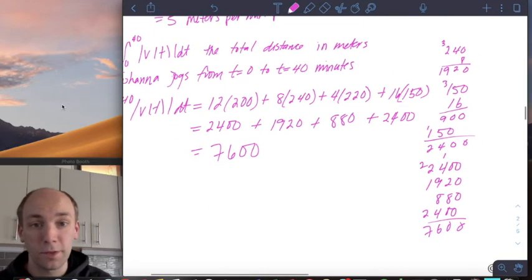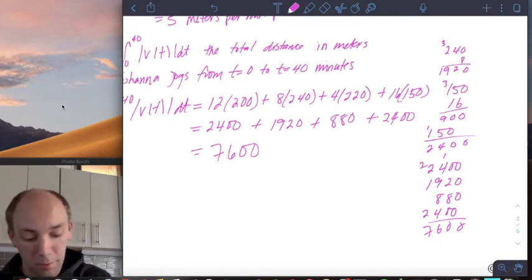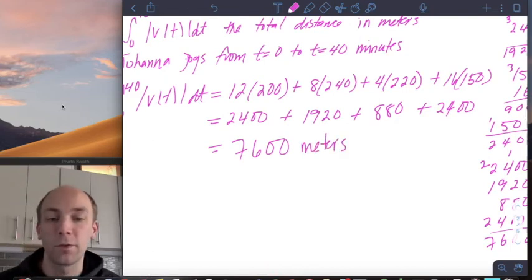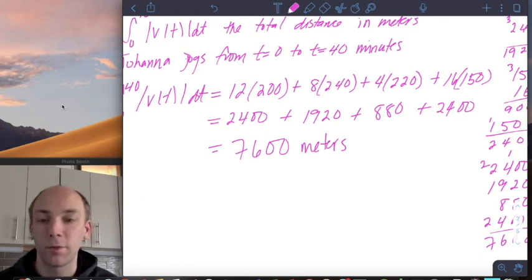Because it's the total distance that she's traveling, that would be in meters. So 7,600 meters was the total distance Joanna jogged from t equals 0 to t equals 40.